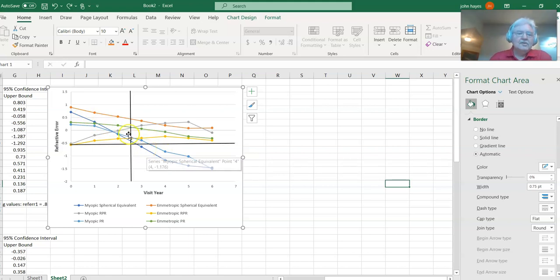And we look here on this gray line, which is the myopic relative peripheral refraction. We see that it crosses over this 0 right about here. Maybe that's where we should have put the line. Anyway, that's what I was kind of getting at. I wanted you to see this and think about this crossover. I think that's kind of an interesting point with this data.